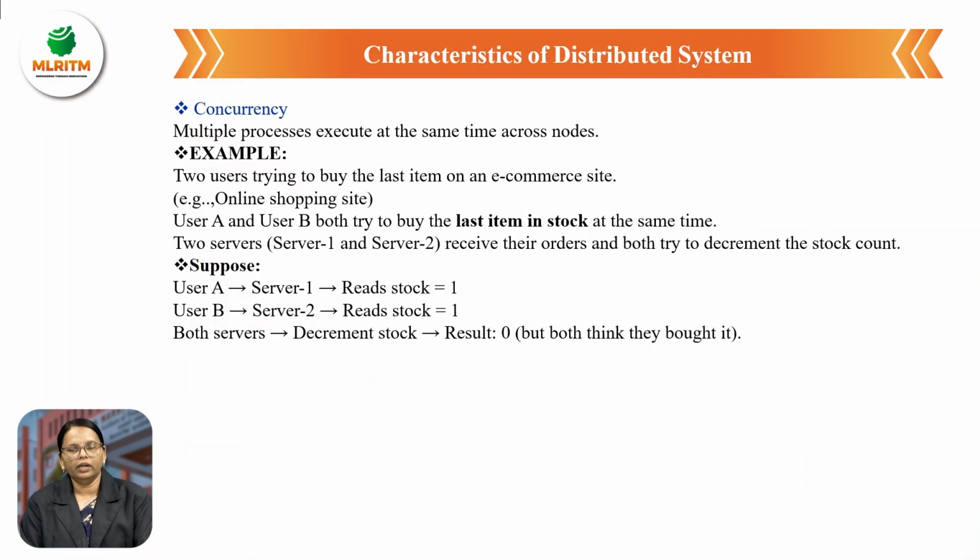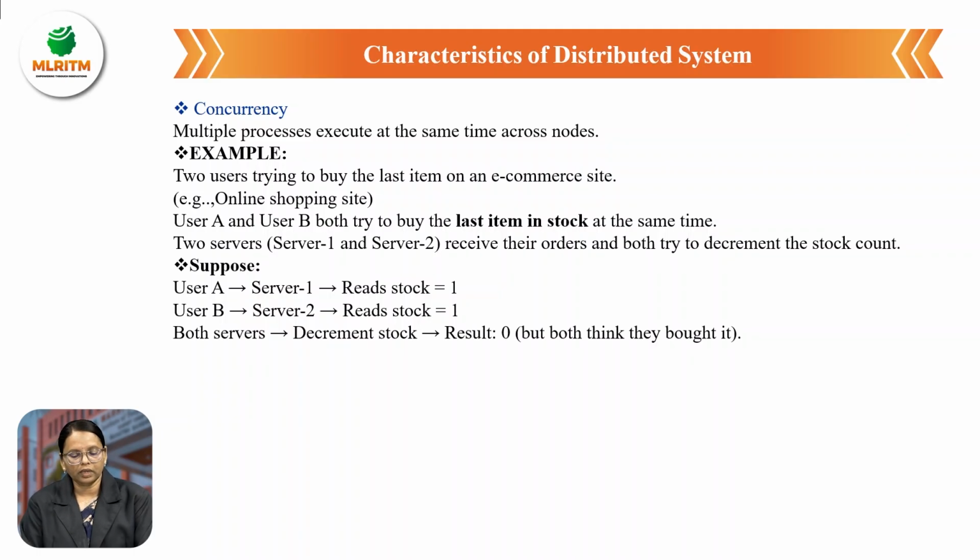First is concurrency. Concurrency means working in parallel: multiple processes execute at the same time across nodes. For example, on an online shopping site, user A and user B both try to buy the last item in stock at the same time.